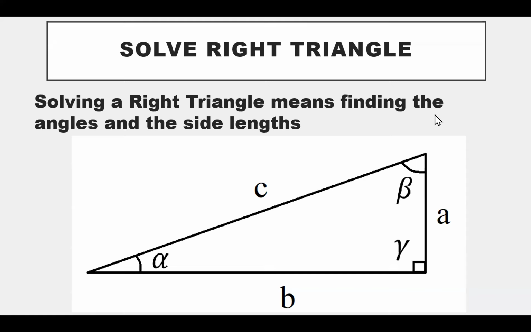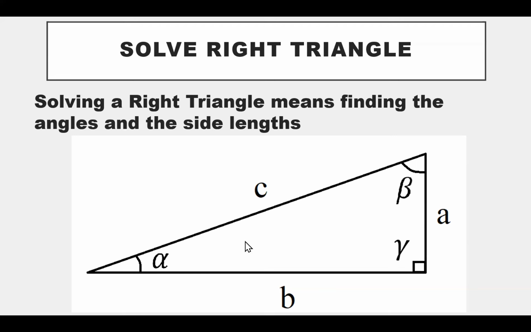And the general way we denote the sides is the following. We let alpha, beta, and gamma be our three angles of the triangle, and traditionally gamma is the 90-degree angle. Those are the first three letters of the Greek alphabet.